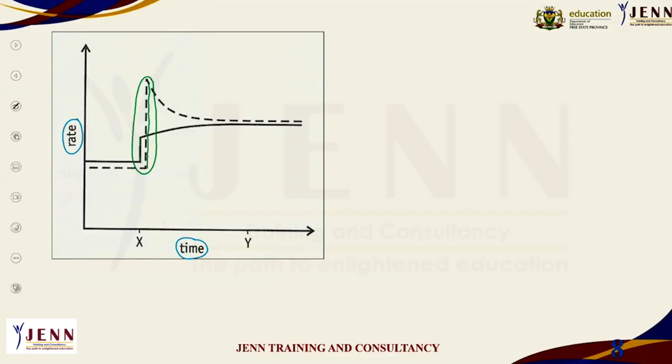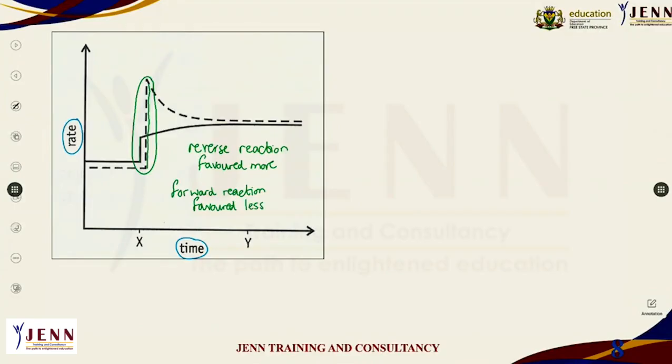So my reverse reaction was favored more, and my forward reaction is favored less.